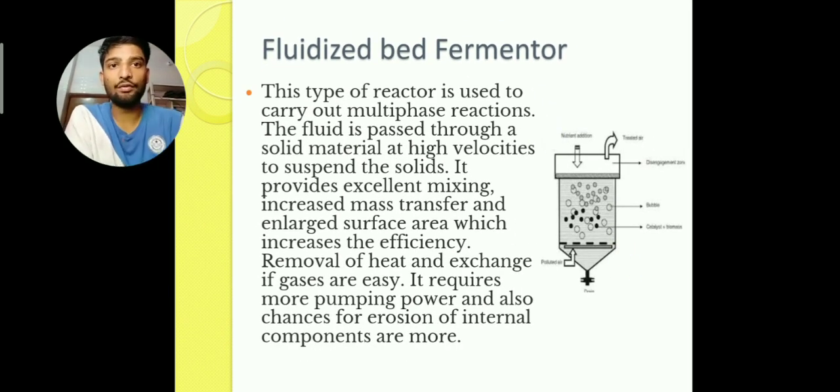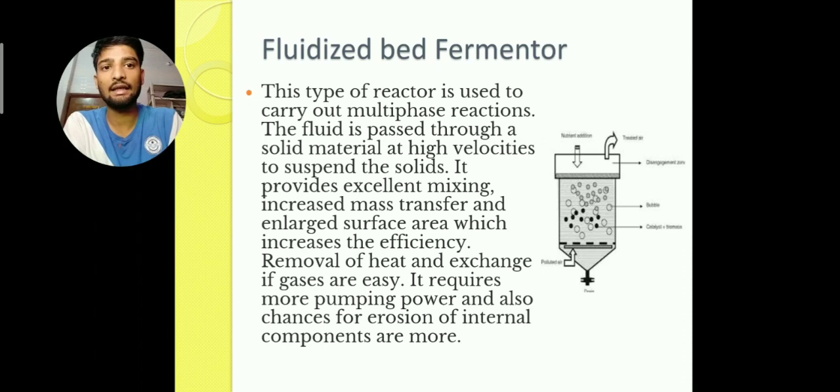Now we will have a look at the definition. This type of reactor is used to carry out multi-phase reactions. The fluid passes through a solid material at high velocities to suspend the solid. It provides excellent mixing, increased mass transfer and enlarged surface area, which increases the efficiency.